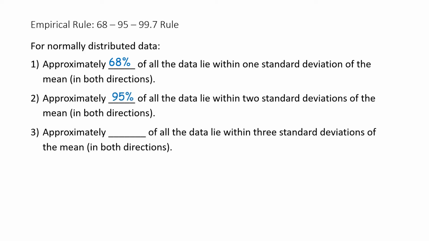Approximately 95% of all data lie within 2 standard deviations of the mean in both directions. And finally, approximately, pay very close attention to this, 99.7% of all data lie within 3 standard deviations of the mean in both directions.